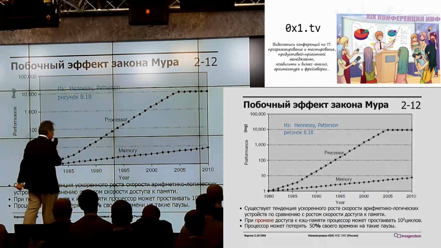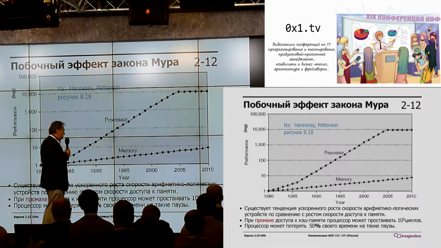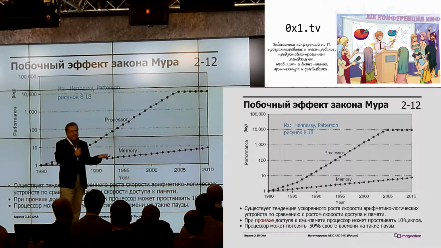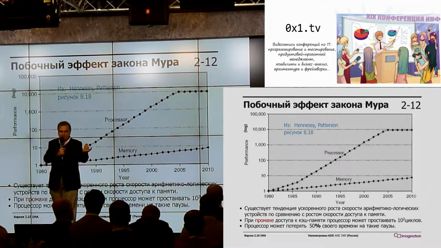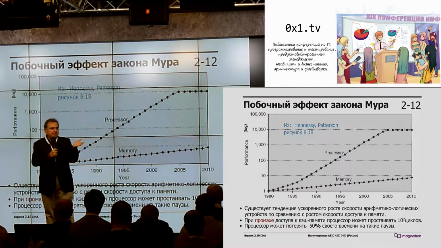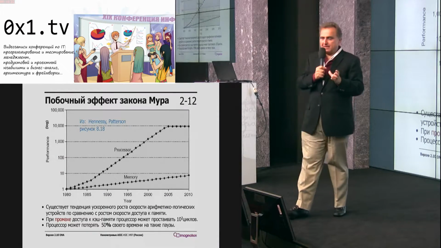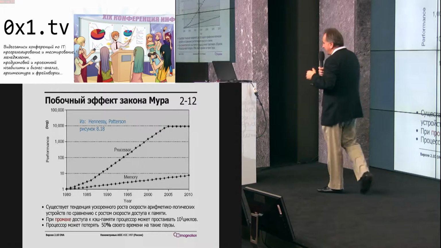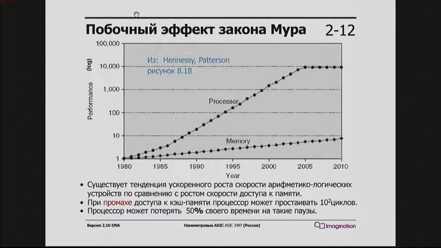But then caches were invented to address this issue, but it did not really solve the problem. And now, within one access to memory, you can actually perform hundreds of arithmetic instructions. So therefore, the software will wait 50% of the time to turn to the memory.